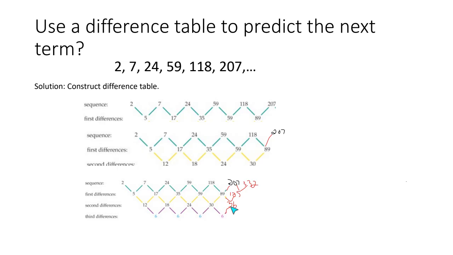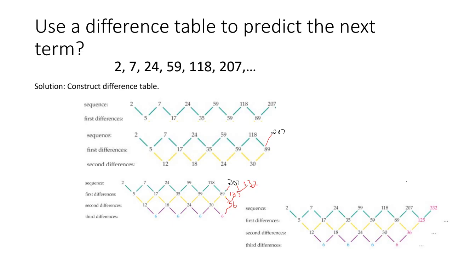So 30 plus 6 is 36, plus 89 is 125, and 125 plus 207 will give us our answer, 332. Okay, so using these differences will help us. So here's just a picture of everything together without my scribbles here. And so that would be your answer, 332.